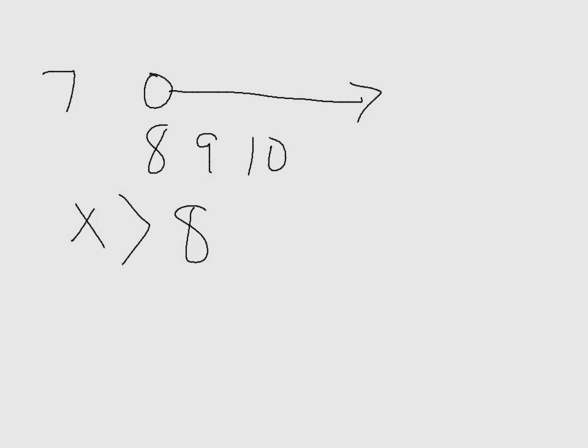Here's the trick that I want you to notice. Notice, I drew my circle right here, drew my line, and the arrow points that way, yes? Notice that this arrow looks just like the greater than sign. So if the point of my arrow is pointing that direction, so should my inequality sign.